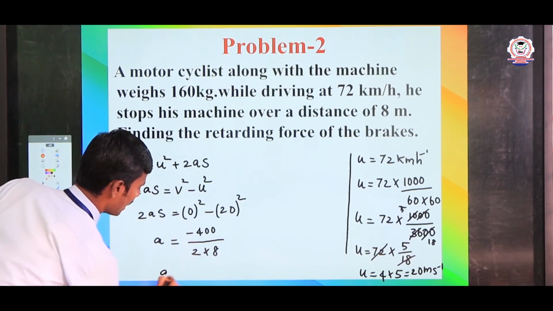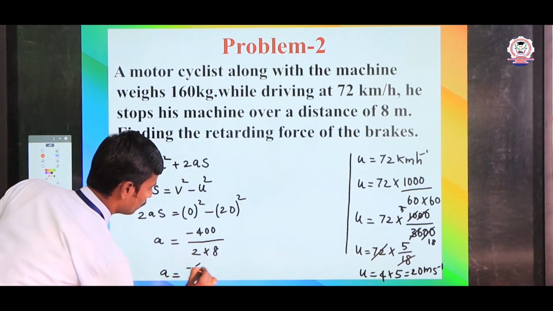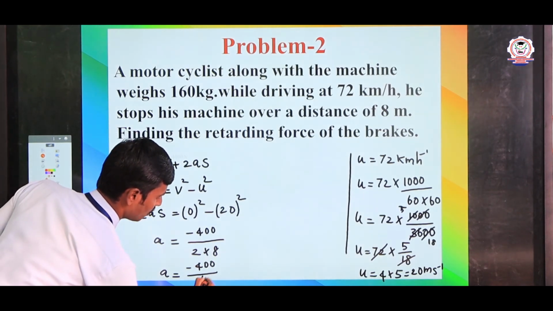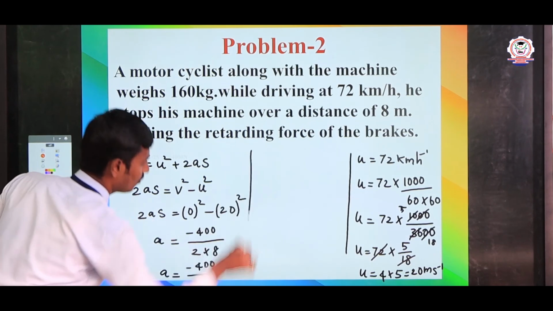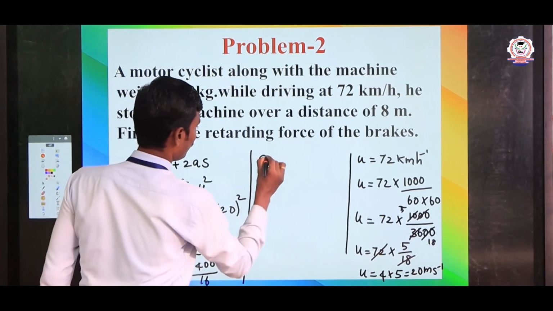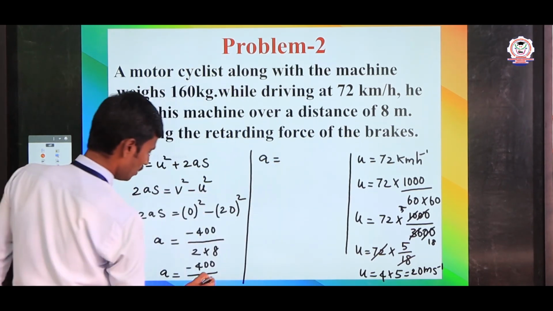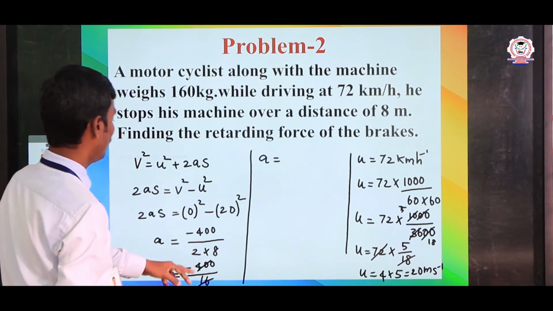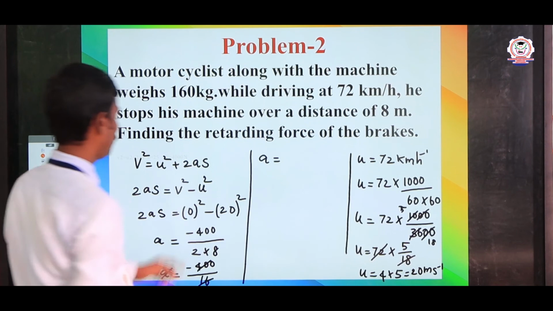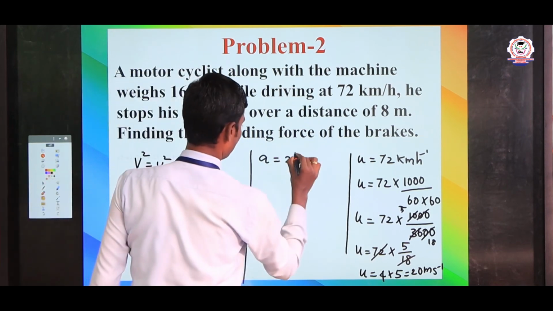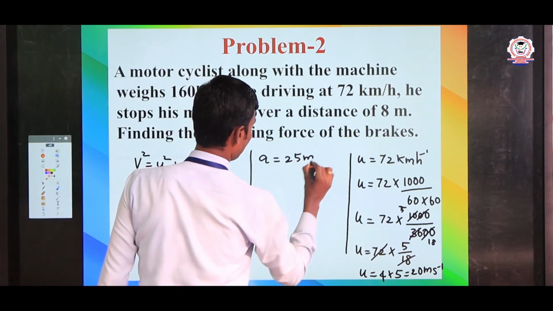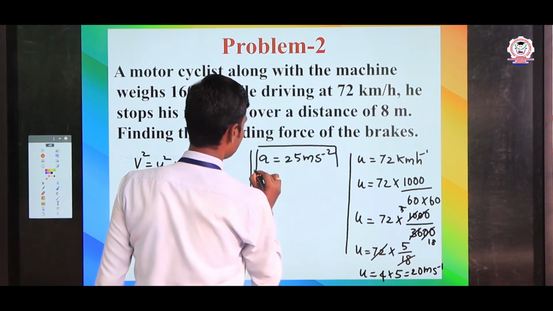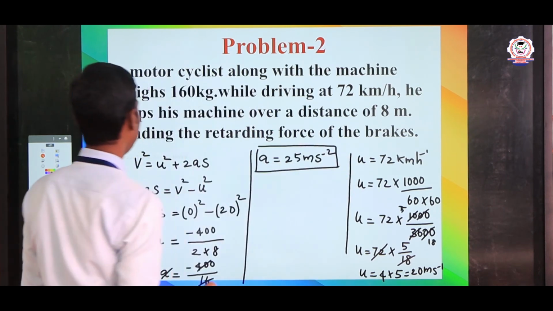Finally acceleration a equals minus 400 divided by 16, which is minus 25 meter per second squared. This is the acceleration.